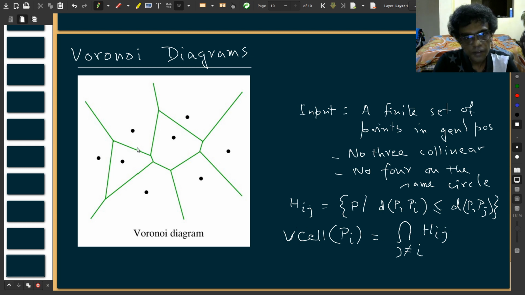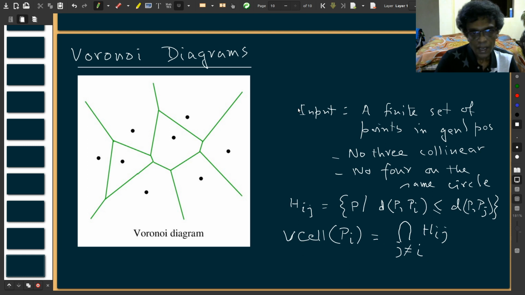So each Voronoi cell must be a convex polygon like this, or a convex region with 2 semi-infinite edges like this. These are unbounded but convex, but these are bounded. These are not exactly polygons because of the semi-infinite lines, but they are convex regions.